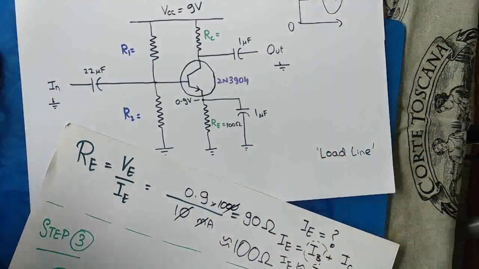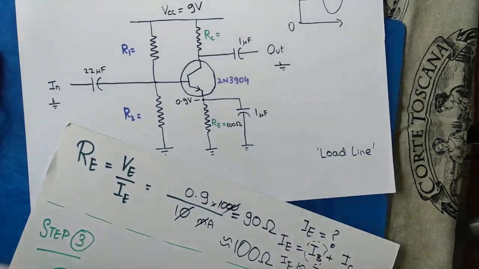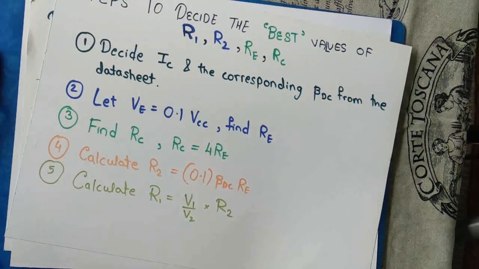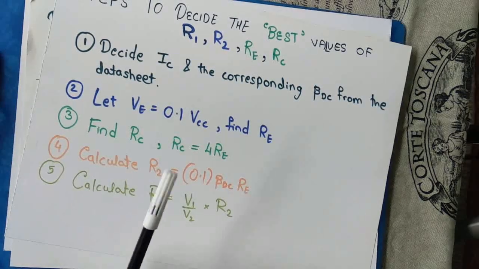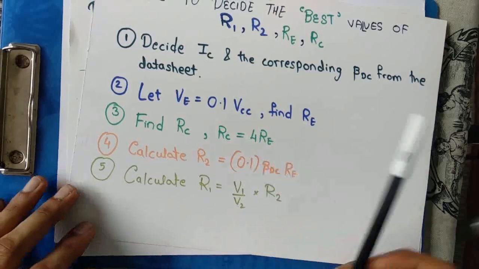Now we have to decide RC, and the way to do that is again given in the 5 steps. The third step is that we have to find RC, which is simply 4 times RE.